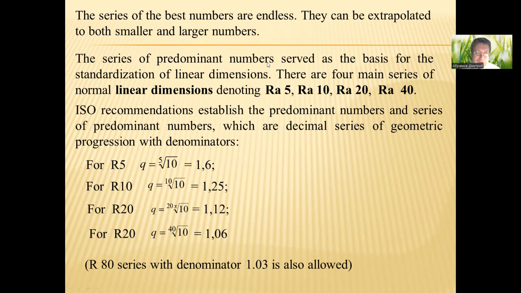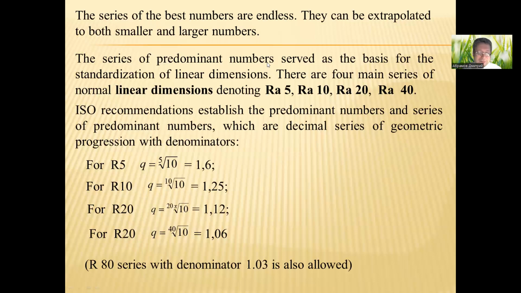ISO recommendations establish the preferred numbers and series of preferred numbers, which are decimal series of geometric progression with denominators. For R5, q is equal to the 5th root of 10, which is 1.6. For R10, q is equal to the 10th root of 10, which is 1.25.